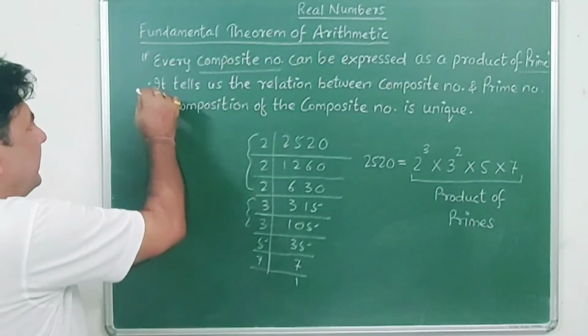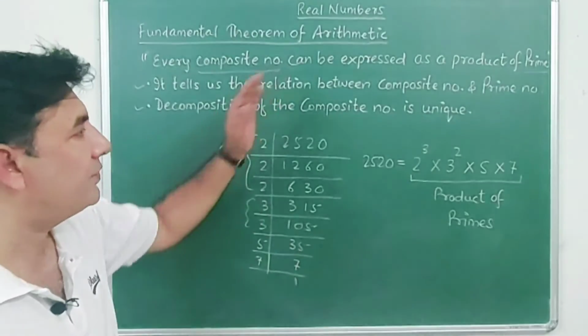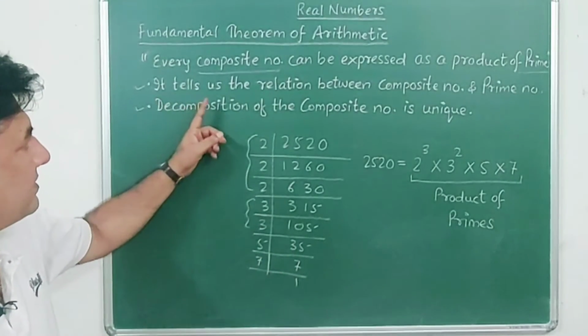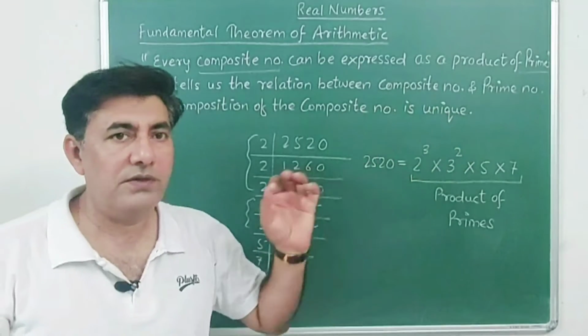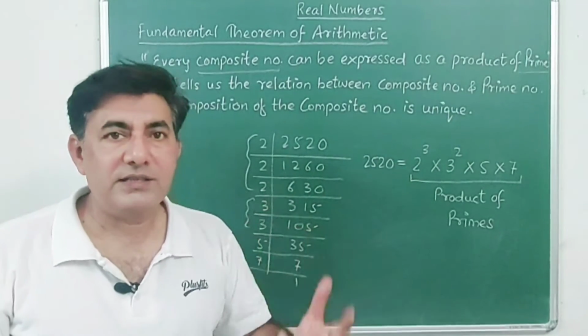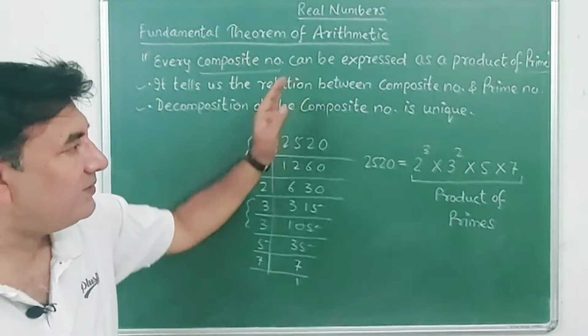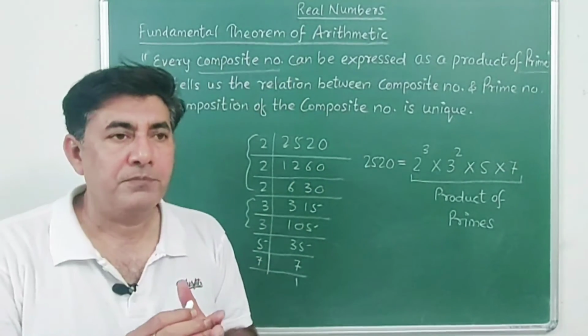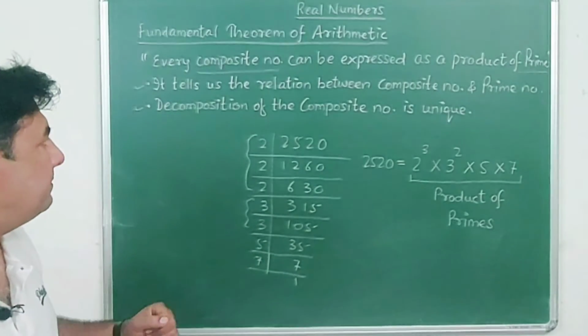Now I have written two more important key sentences about this theorem. It tells us the relation between composite number and prime number. This is always to be kept in mind. It might come in the short questions. So this theorem tells us the relationship between prime numbers and composite numbers.